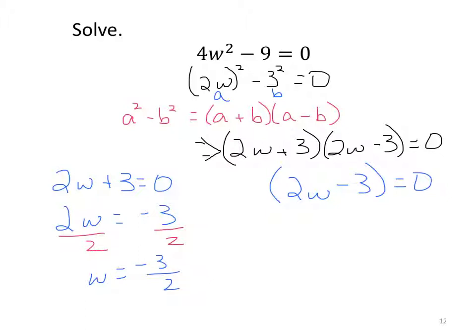So if we plug negative 3/2 into one of these binomials, it would force the expression to be 0. On the other side, we add 3 to both sides and divide by 2, and we get w equals positive 3/2. So we have two solutions, and if you have a squared degree of a binomial or trinomial, you're going to have two solutions.